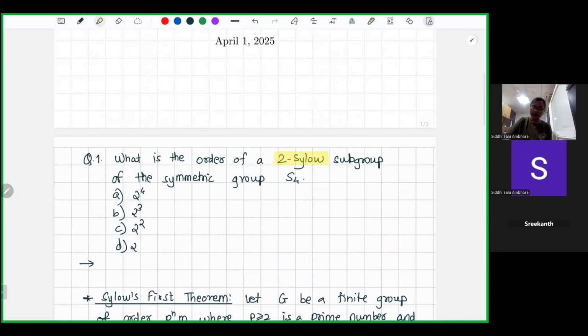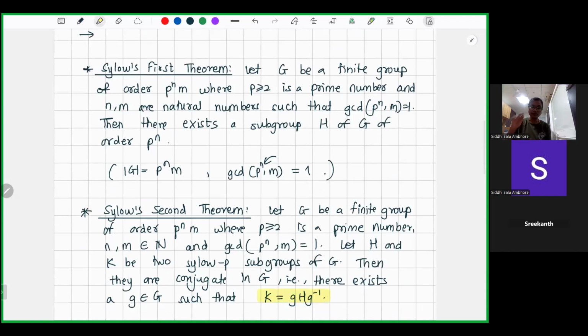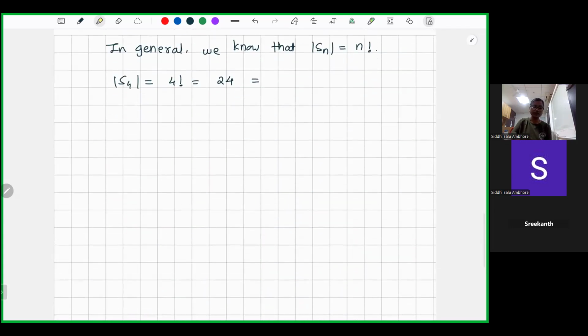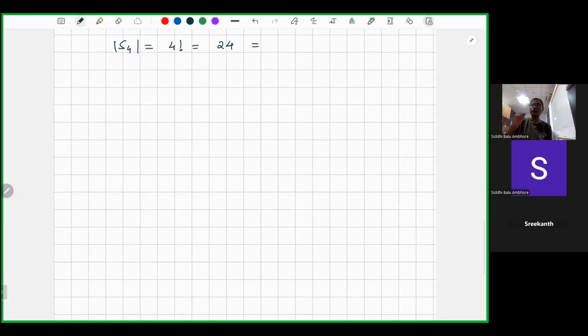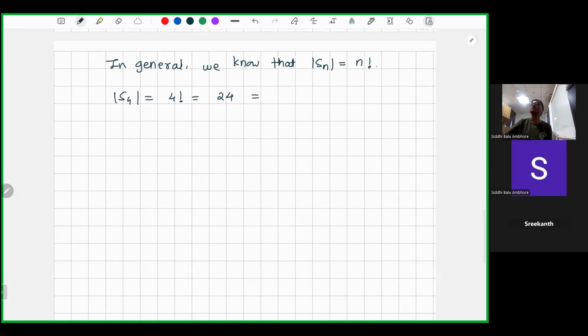So when I talk about Sylow P-subgroups in Sylow's first theorem, I need GCD of P power n and m to be 1. So let us write this 24 as a power of 2 into some integer.